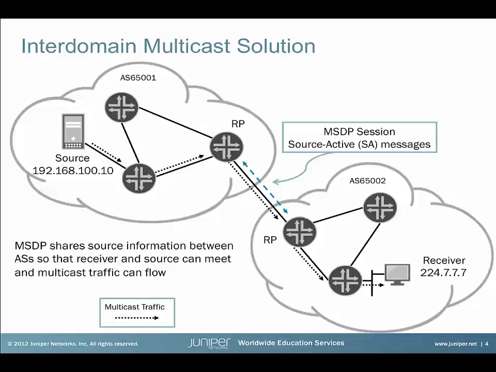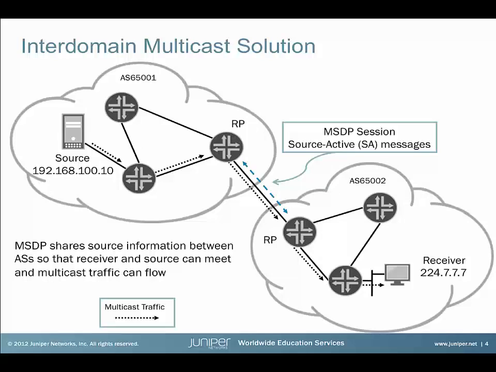MSDP solves this problem by exchanging source information between rendezvous points in these different domains. When the rendezvous point in AS65001 learns about the source in its local domain by receiving a register message, it sends source active messages to its MSDP peers.